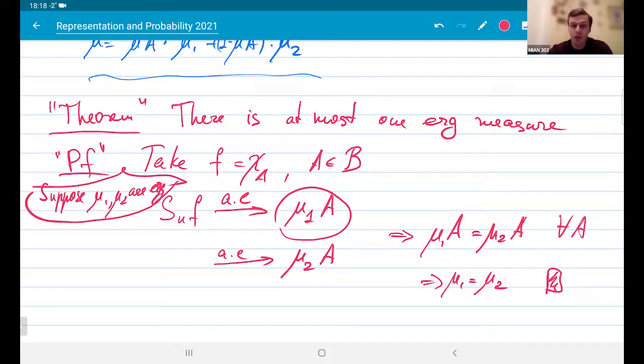So the question is where my proof is incorrect, where I lied. Any ideas?